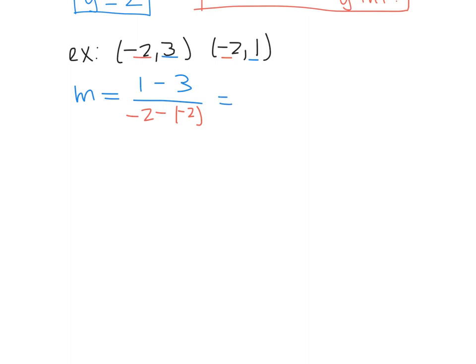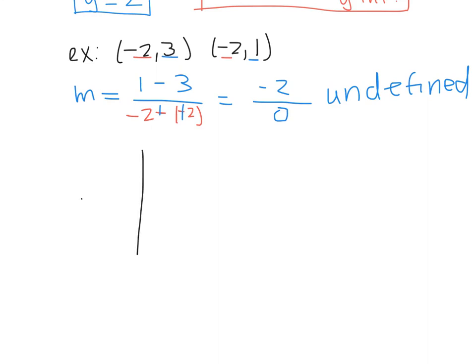In the numerator, we get negative 2, and in the denominator, we have negative 2 minus a negative 2, so that minus the negative becomes plus 2. So negative 2 plus 2, we get 0. Now we know that when we have 0 in the denominator, that is undefined. So we've got undefined slope.